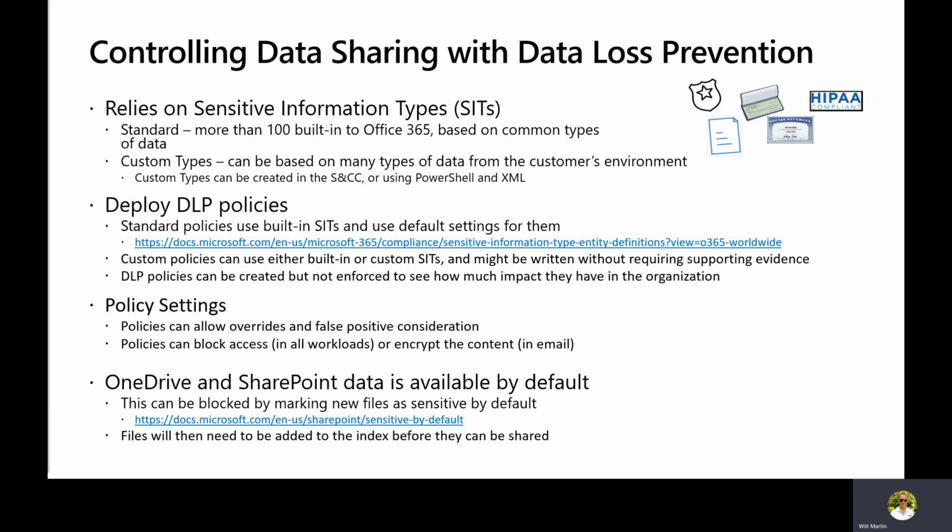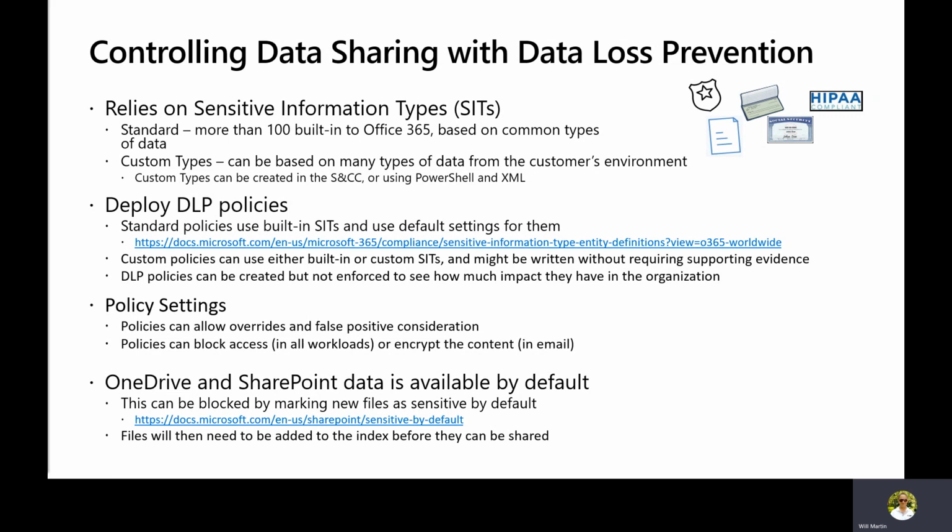Exact data match databases and DLP functions can be used in PowerShell or XML only, and exact data match databases require an E5 license. Document fingerprints, while available in the user console, are available only for use in email.